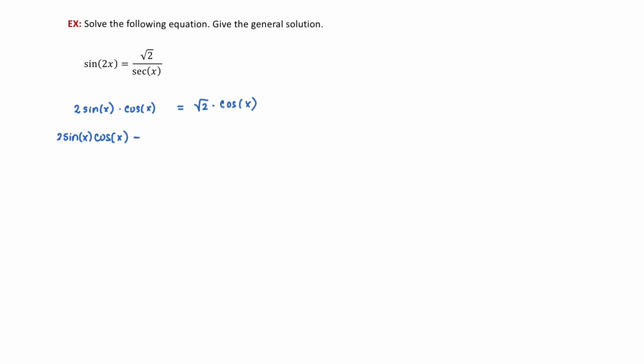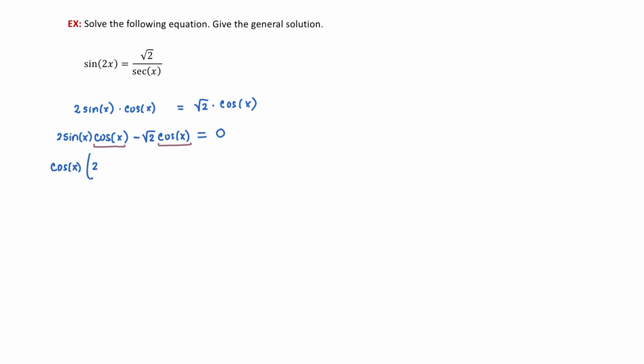So then we're going to have minus square root of 2 cosine of x equals 0. Now I want you to notice that we have here a common factor. So I can take cosine x and factor that out.